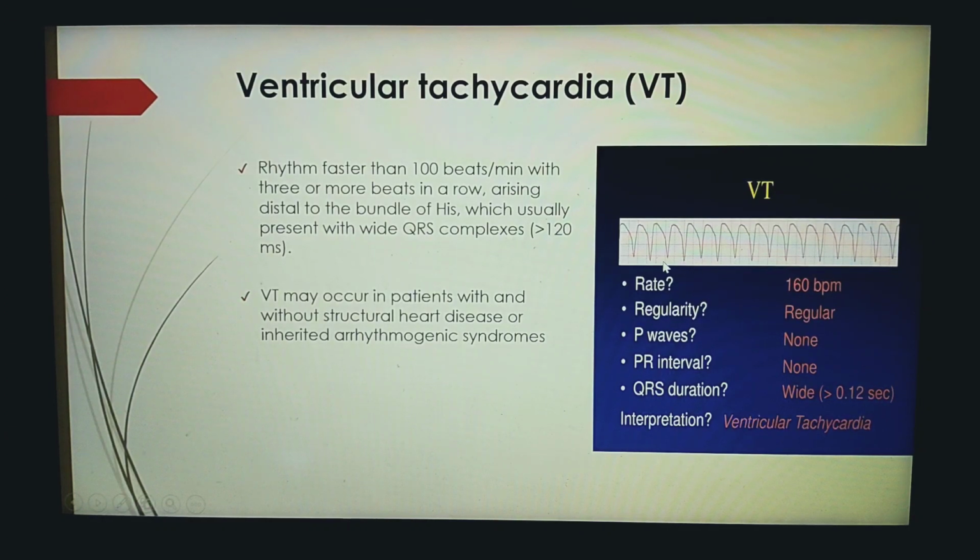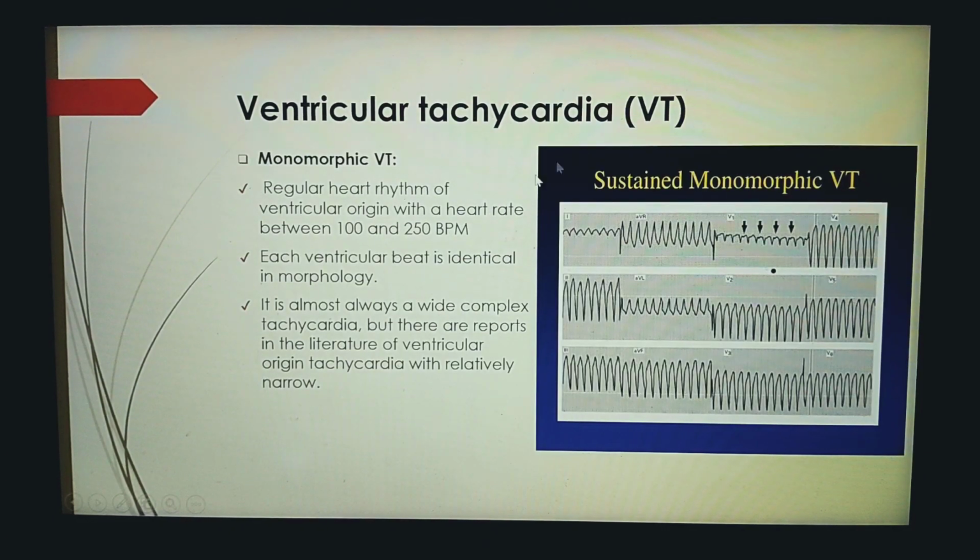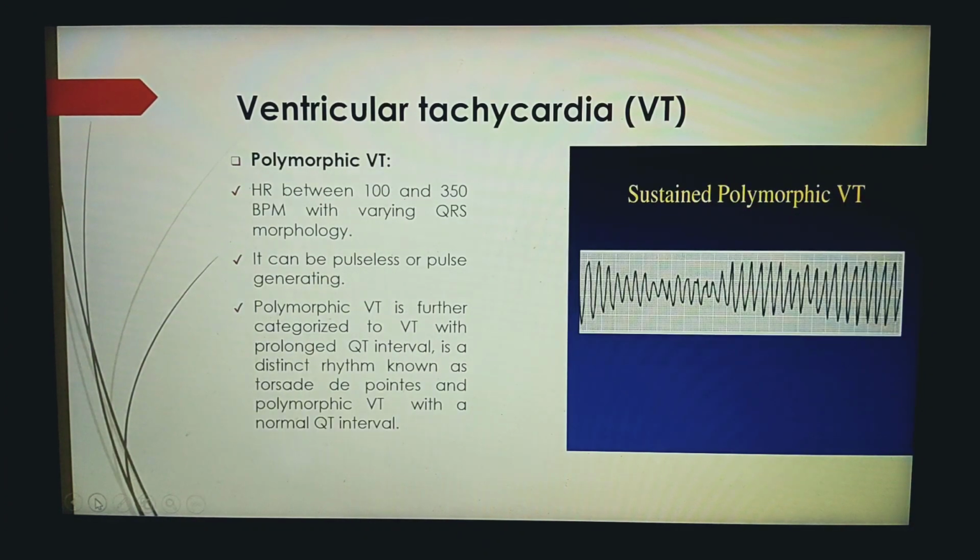This is a regular wide complex QRS, but no visible P wave, and this is ventricular tachycardia. Ventricular tachycardia may be uniform, that is called sustained and monomorphic. All the waves are the same. This is polymorphic.